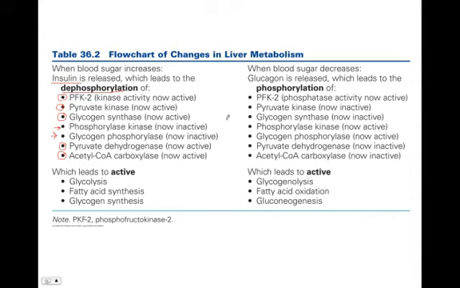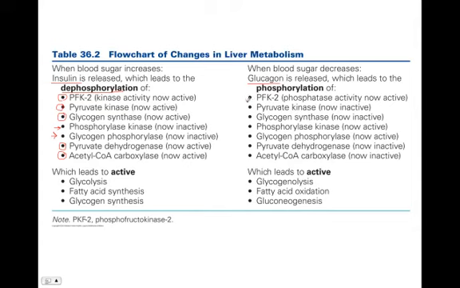In contrast, in the fasted state, when glucagon is high, glucagon activates a cascade that initiates the activation of protein kinase A. Kinase A will phosphorylate proteins and activate those proteins required for fasted state metabolism.